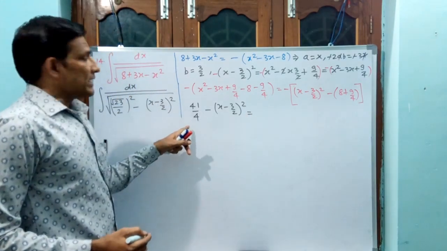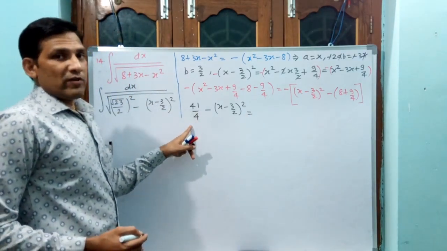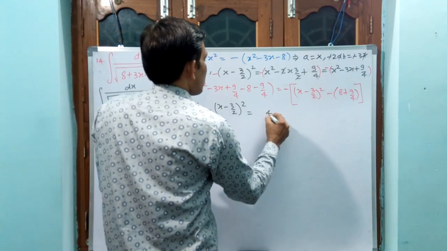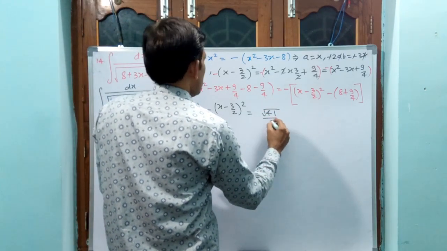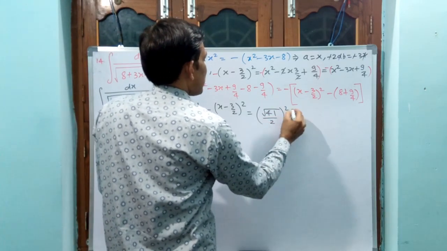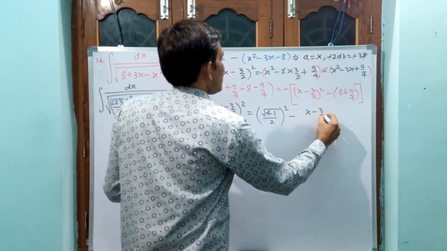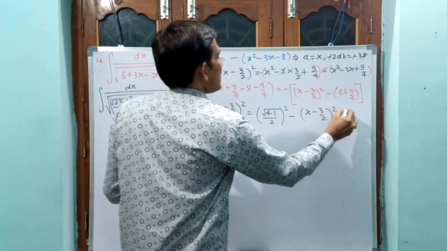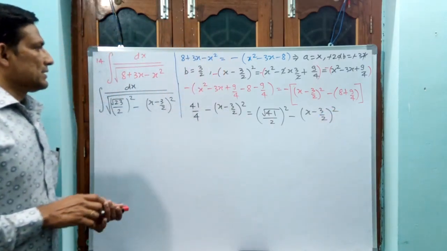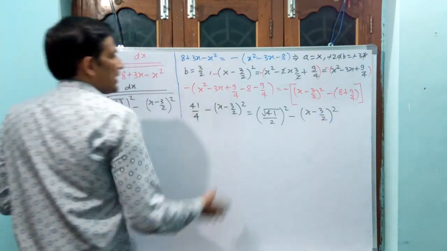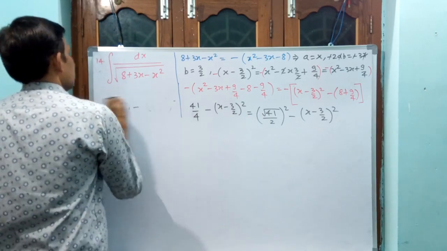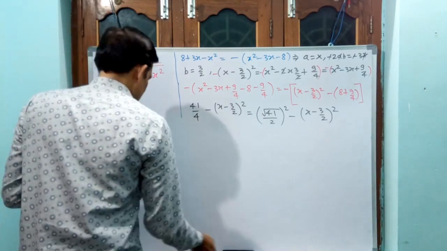You see here this should be written in a square form. Square form means how you are going to write: root 41 by 2 whole square. Is it okay? Minus x minus 3 by 2, already square form is there. Okay. Now you have to take this. Okay.